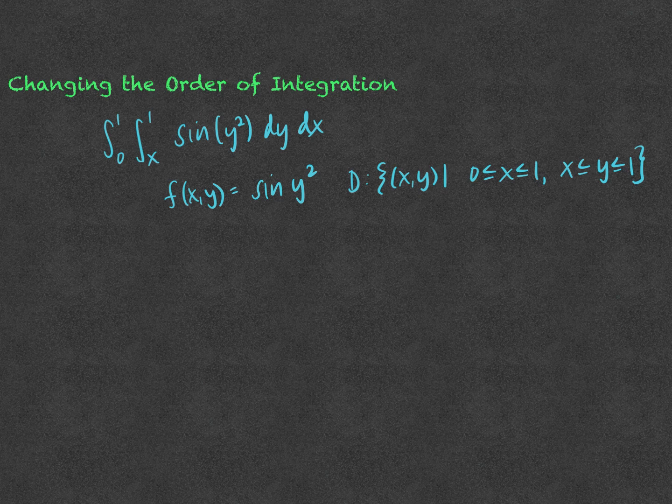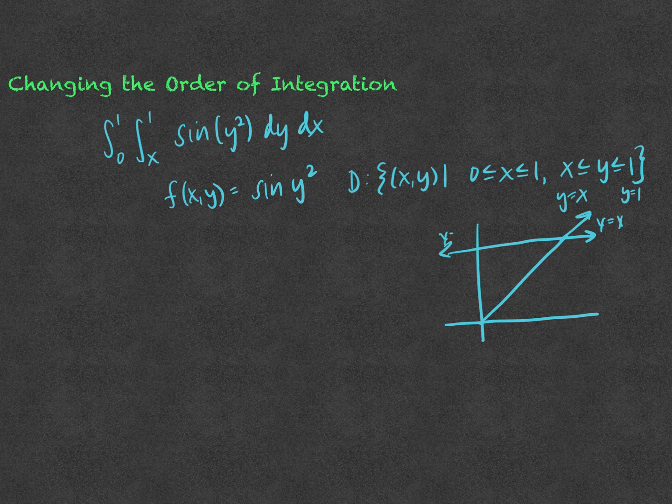Now, if we look at this region, let's think about if x is between 0 and 1, let's not start there. Let's start with y. So this means y equals x, and this means y equals 1. So here's y equals x right here, and this is y equals 1 right here.